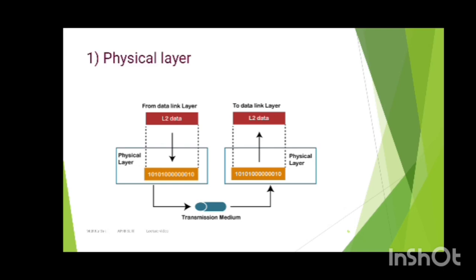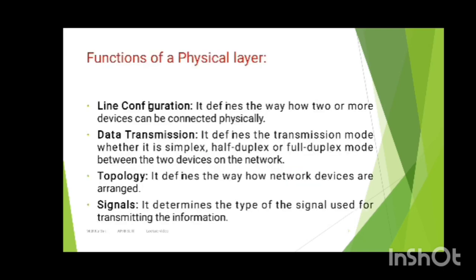It specifies the mechanical, electrical, and procedural network interfaces and specifications. There are some functions in it, like line configuration, data transmission, topology, and signals. Line configuration defines how two or more devices can be connected physically.